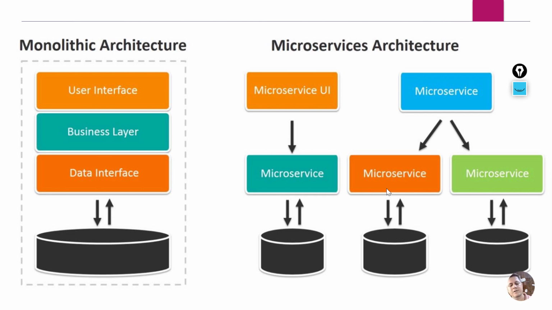Otherwise, there are different ways of data communication actually. That is a very broad topic again. Like we can implement queues, we can implement the event bus, we can implement synchronous communication using REST APIs and all between the different microservices, I mean.